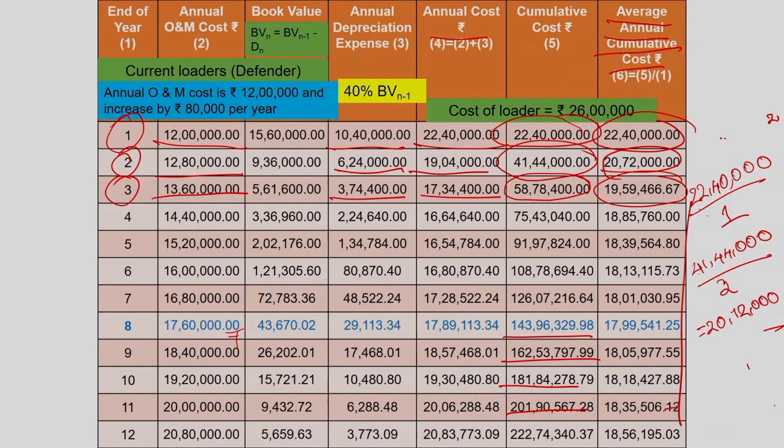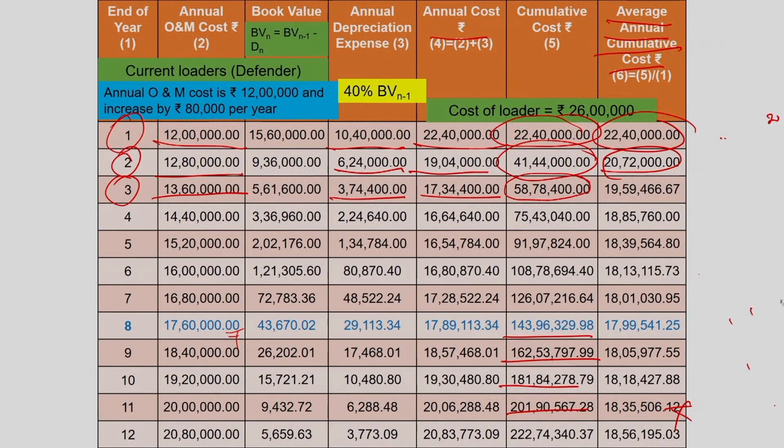So, like that you keep calculating. As I told you, we are doing it on a cumulative basis. It means that if you are holding this Defender machine with you for 3 years, the average annual cumulative cost which you are going to incur for the past 3 years is 19 lakh 59,466.67.